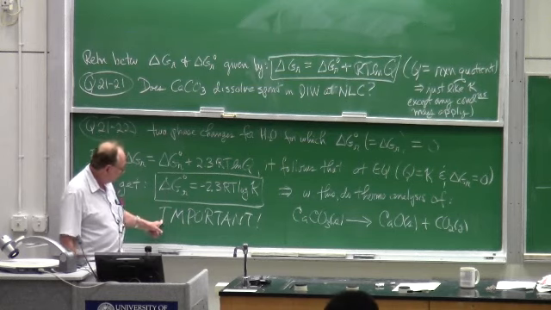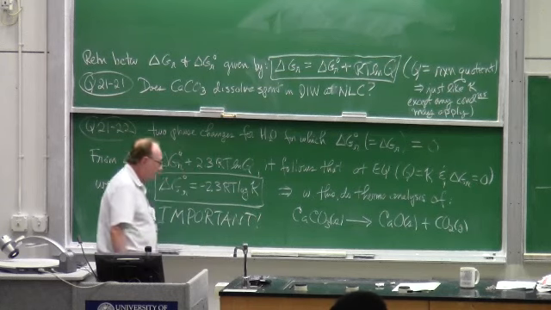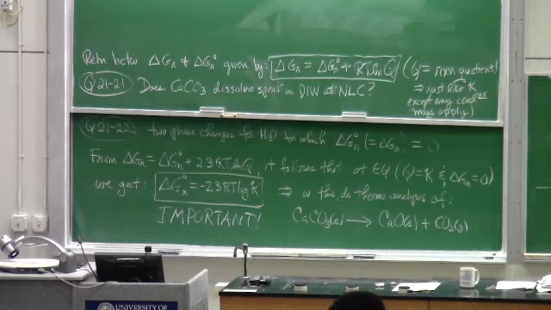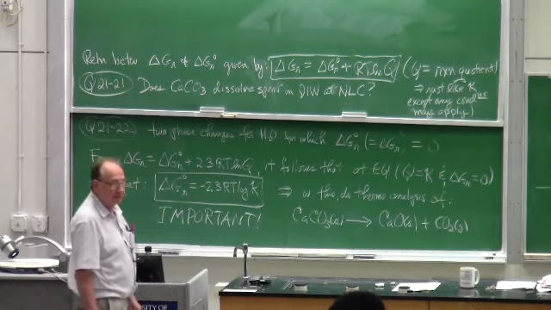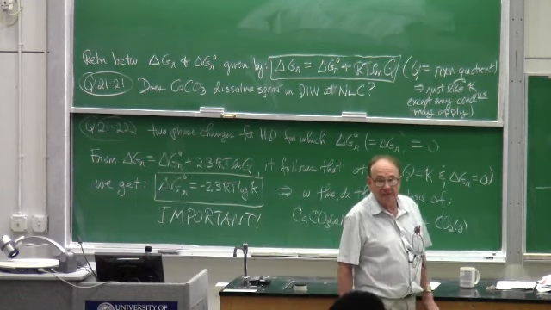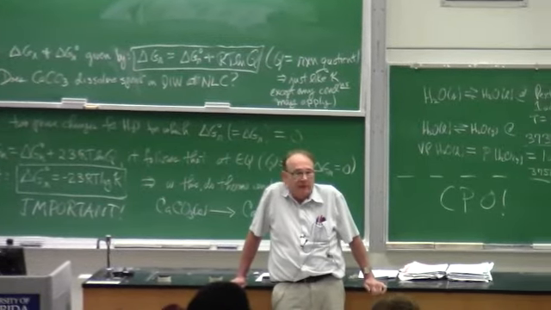Damned important relationship. Because measuring delta G0 values directly for a reaction is very problematic, to say the least. I don't really know how you can do it. There may be ways. I haven't paid attention to it.